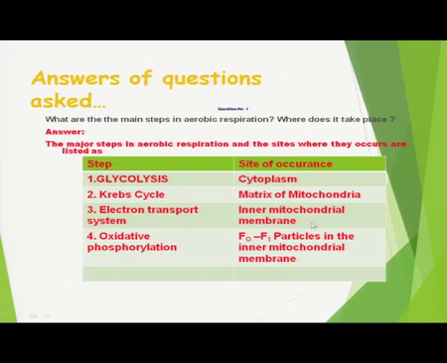It also takes place in the inner mitochondrial membrane, and the last step is oxidative phosphorylation, where ATP is produced. It is found in the oxysome, which is divided into two parts, F0 and F1 particles in the inner mitochondrial membrane. So, this is the answer to the first question.